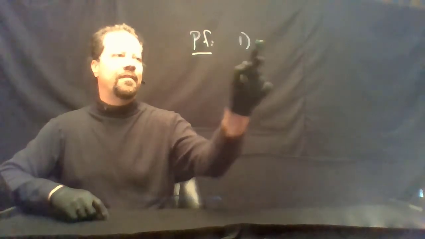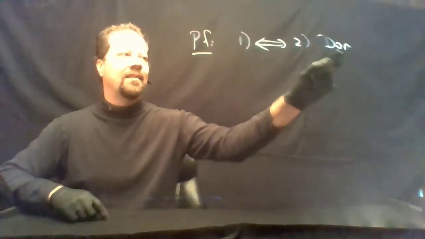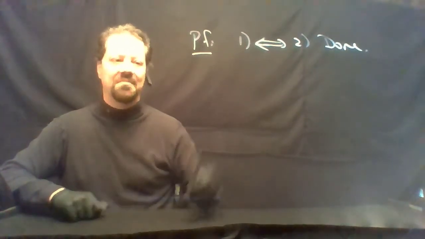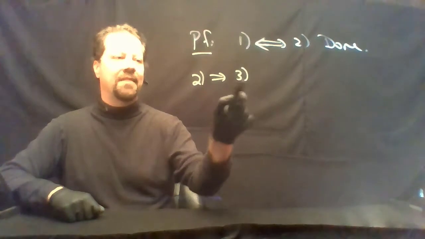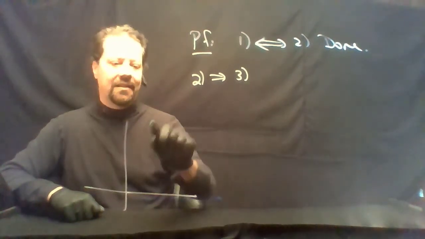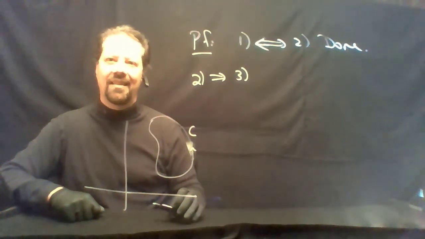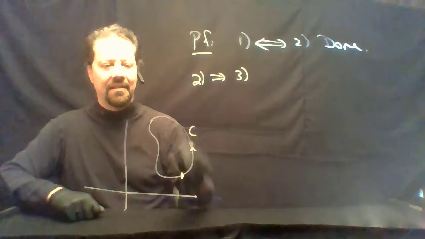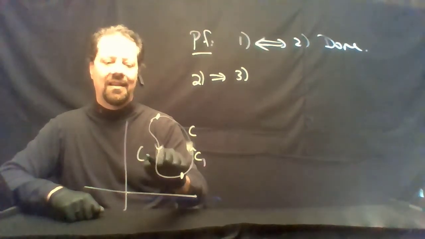For the proof, the equivalence of 1 and 2 is already done. That's the last theorem. Let's prove that 2 implies 3. The way to do that is to take an arbitrary closed loop, C, and break it into two curves, C1 and C2.